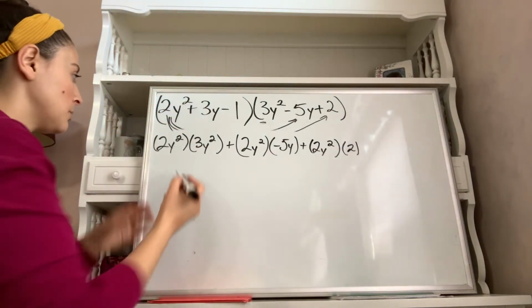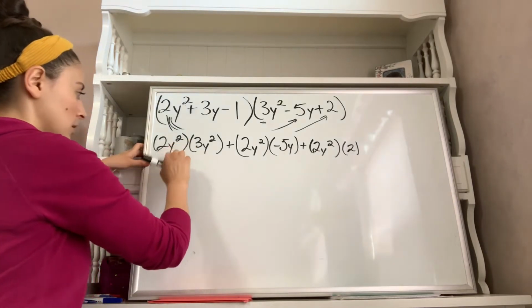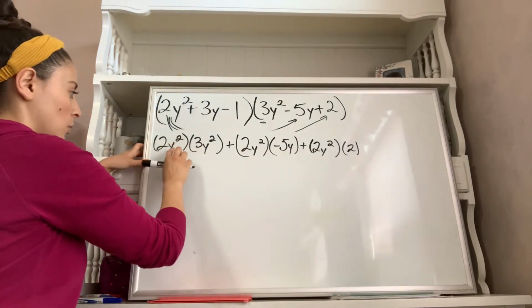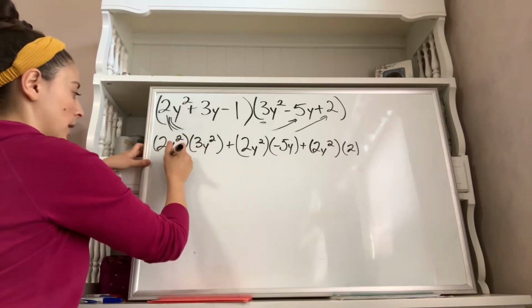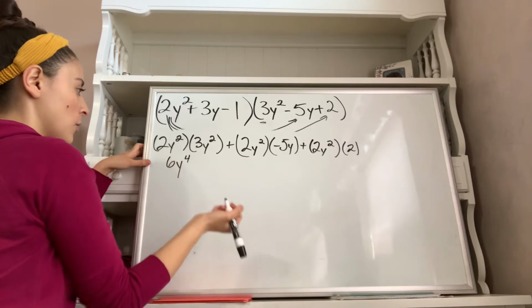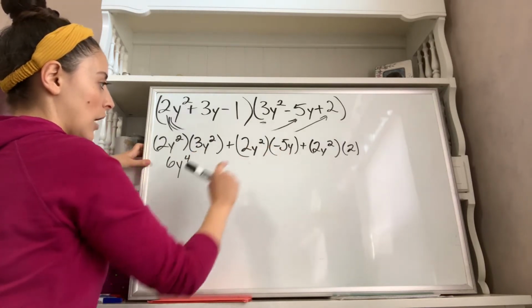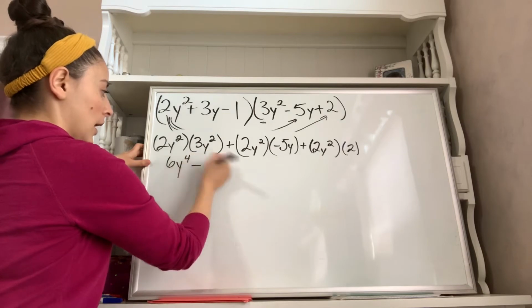So now when we simplify this, we're going to have 6 times y squared times y squared, which we're going to add those exponents to get y to the 4th. And then we have a 2y squared times minus 5y, so that means we're going to end up with a negative number.